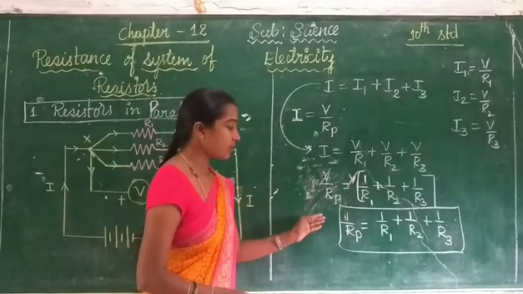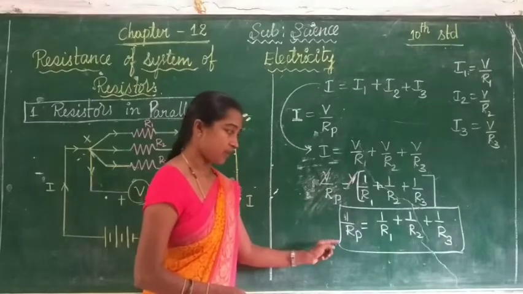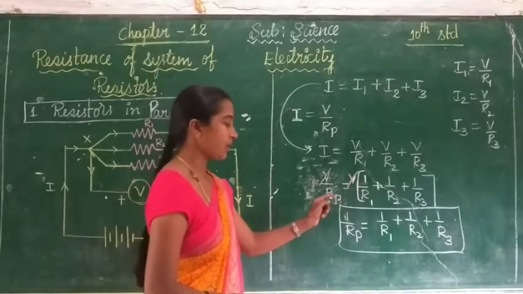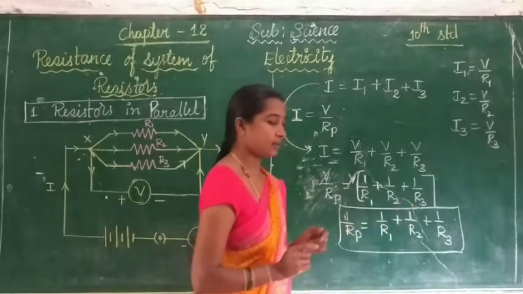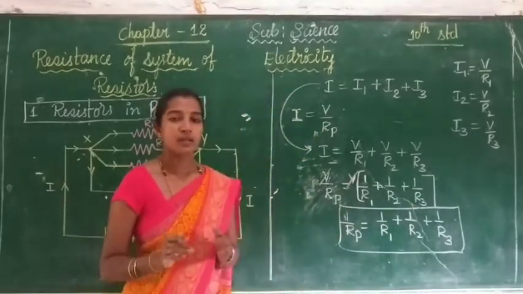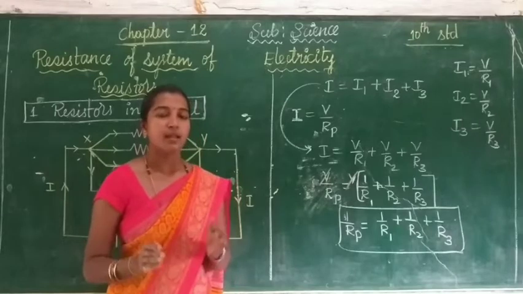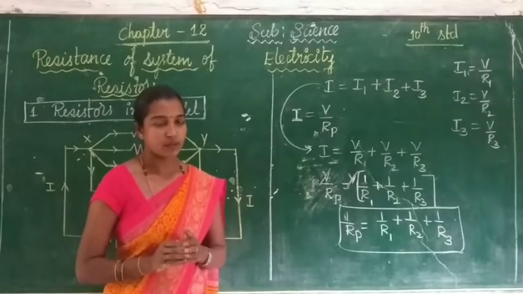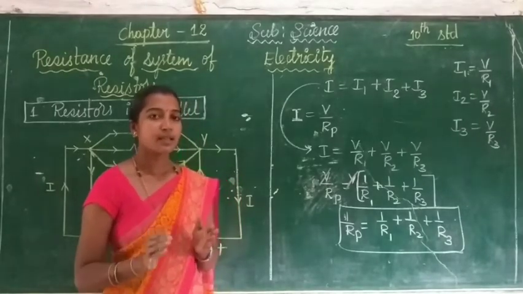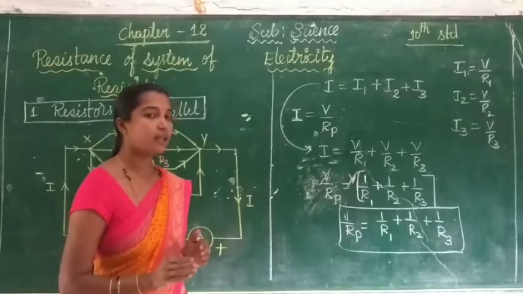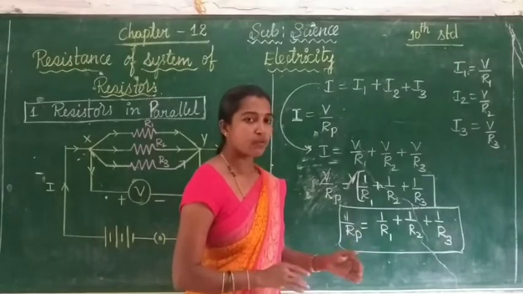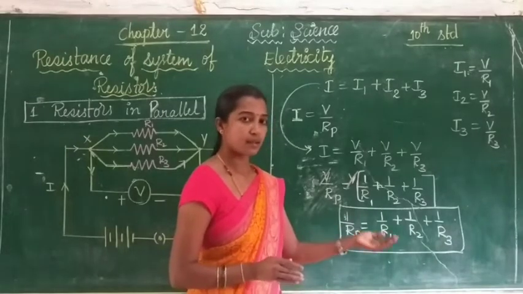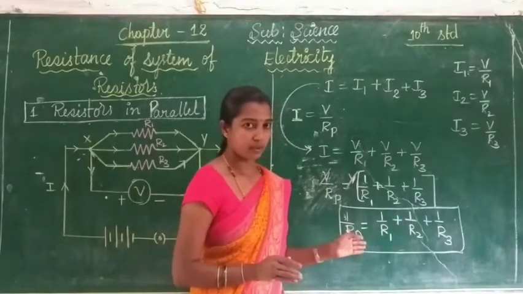The remaining is 1 by RP is equal to 1 by R1 plus 1 by R2 plus 1 by R3. What do we conclude here? The reciprocal of the equivalent resistance of the parallel arrangement is equal to the sum of the reciprocals of the resistors used in the circuit.